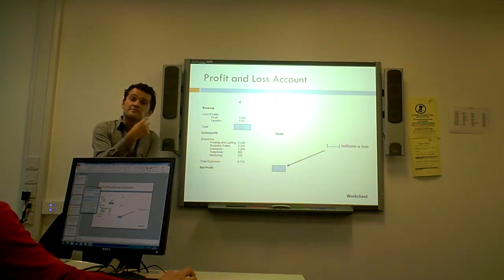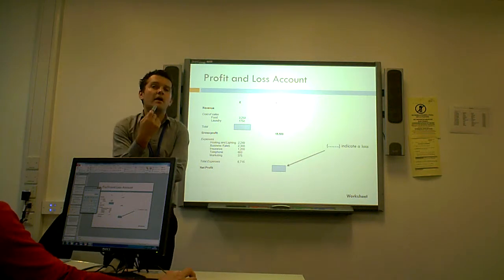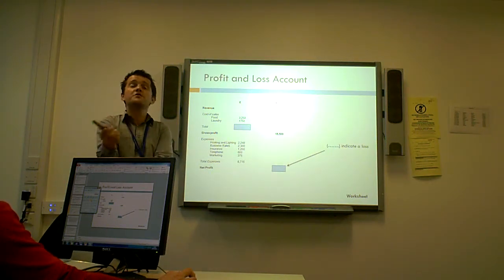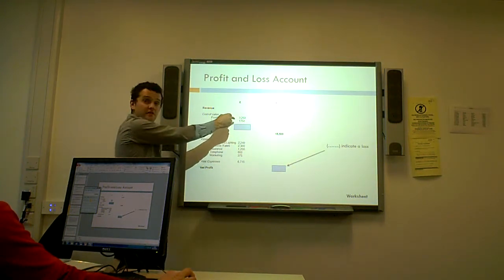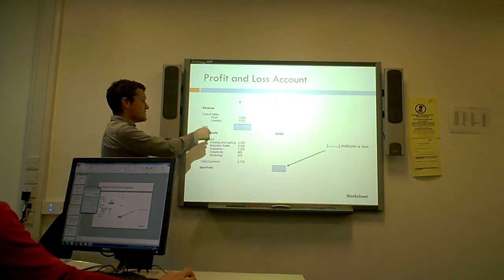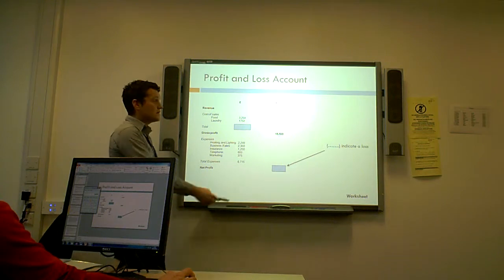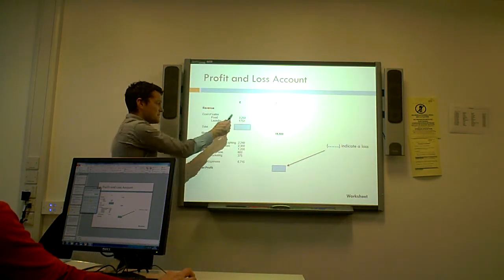You would think correctly. Why is it 5,000? How did you work that one out? You add the costs. Yeah, there's two ways of doing it. You've added the two costs together, haven't you? Remember that to get your gross profit, it's revenue minus total cost of sales. Well, it's the difference between these two, isn't it? The difference between them must be that one.